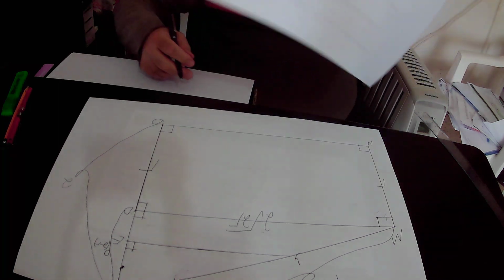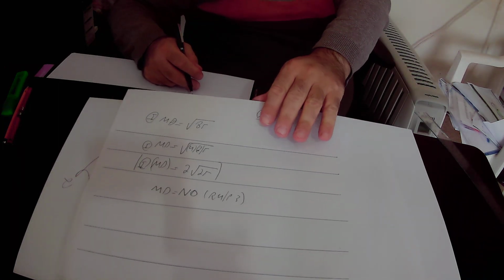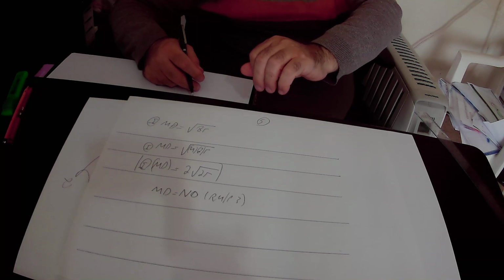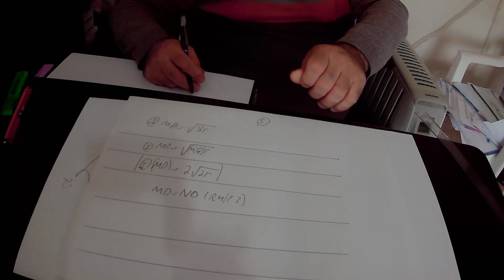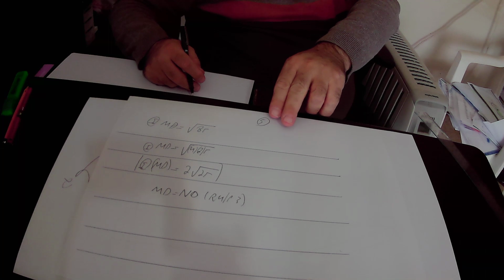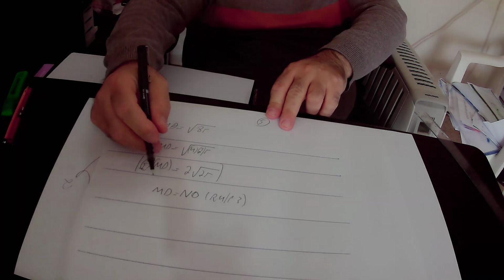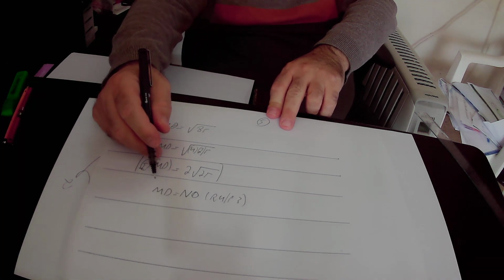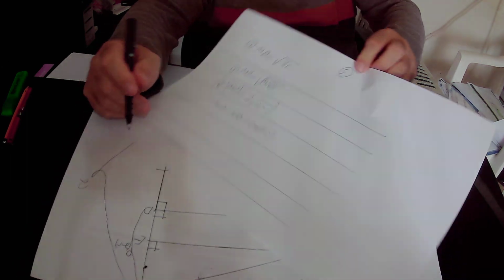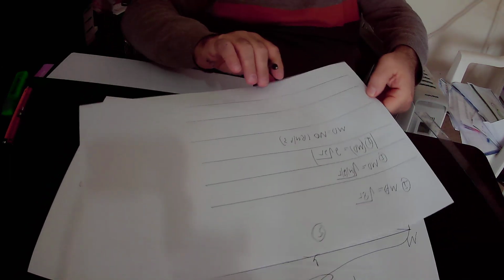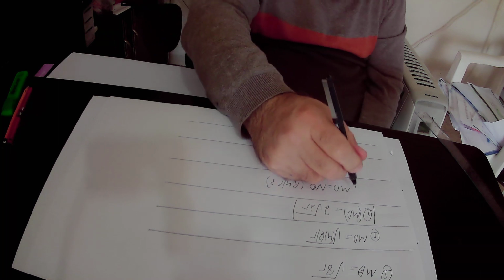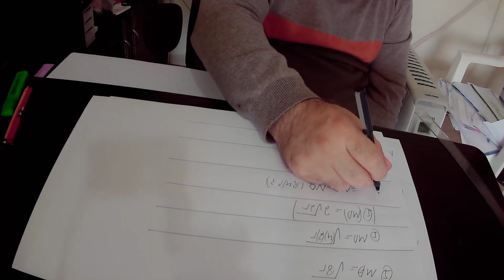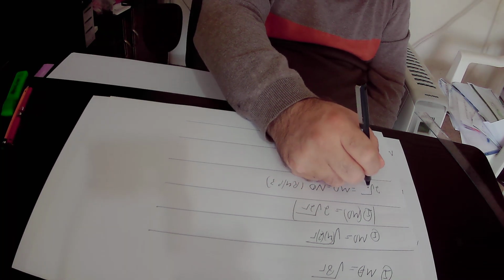But we have already found out that MD equals 2 times the square root of 2R.